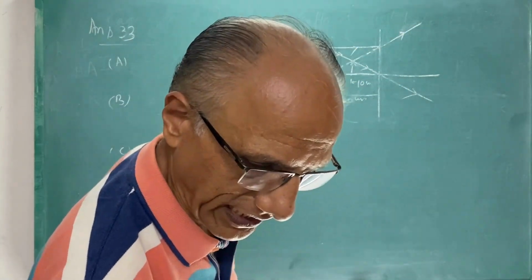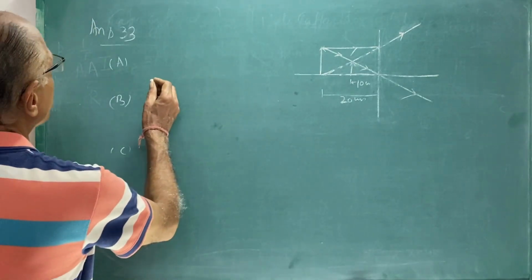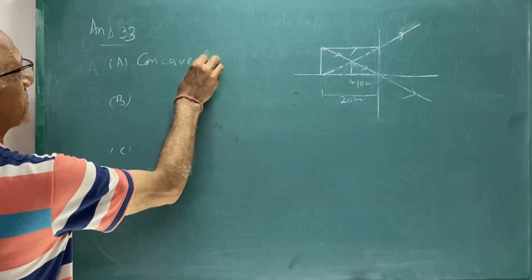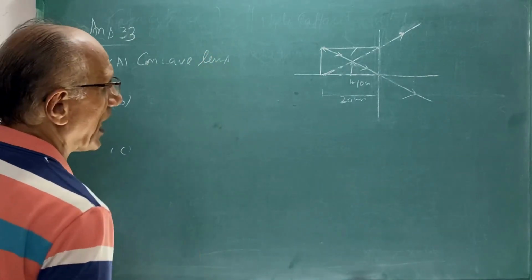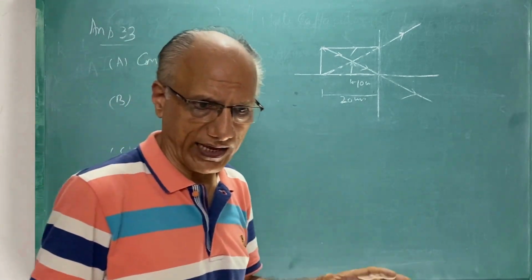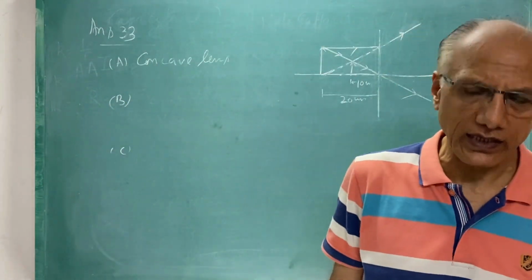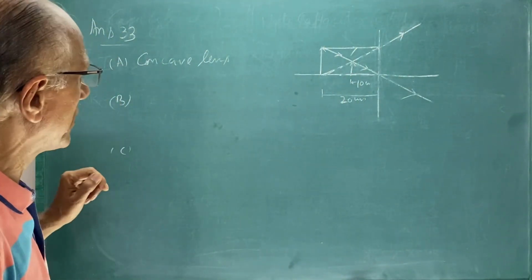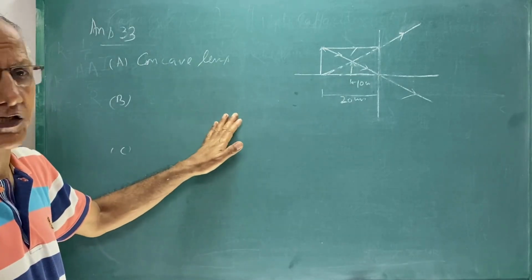So diverging lens means it is concave lens, or you can say diverging lens. So first part, identify the optical instrument is concave lens.